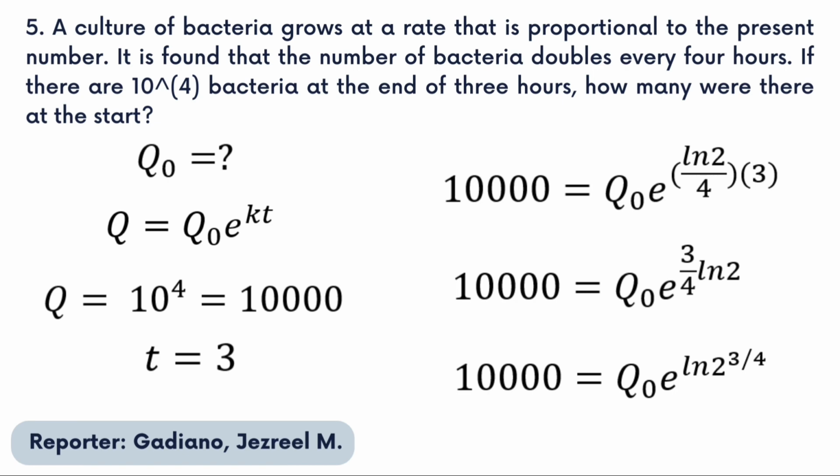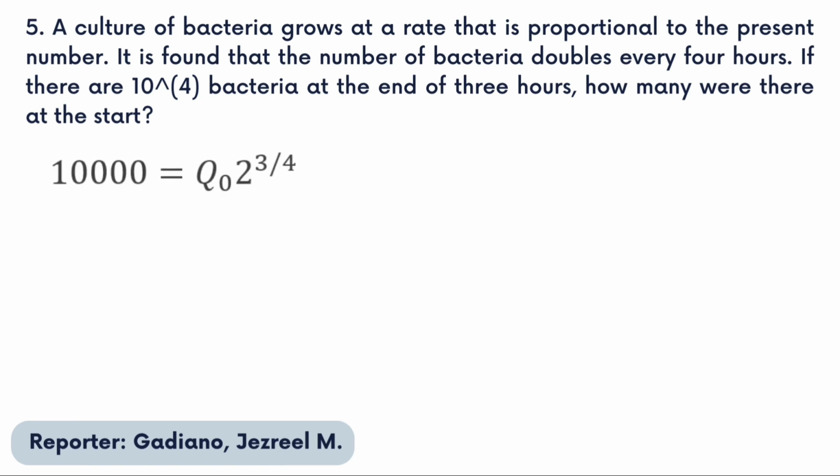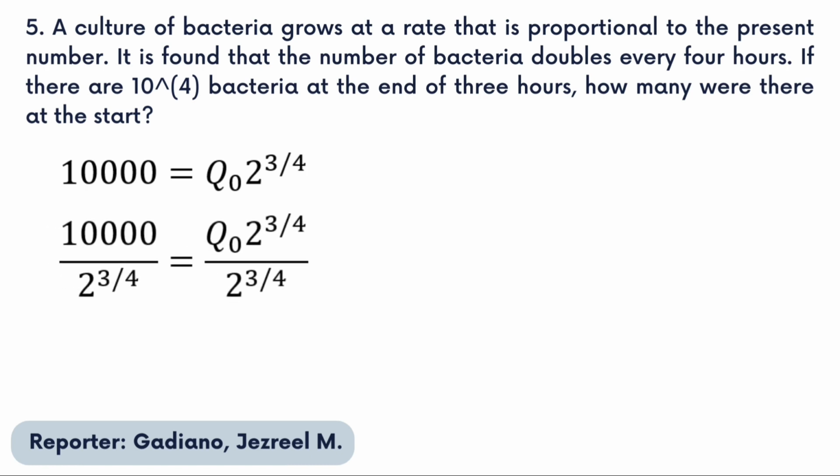Tapos, maka-cancel yung E tsaka ln kasi another law of a logarithm or another property ng logarithm. Kaya ang matitira na lang is 2 raised to 3/4. Divide both sides by 2 raised to 3/4. So now we have Q sub 0 or the initial quantity equals 10,000 divided by 2 raised to 3/4.